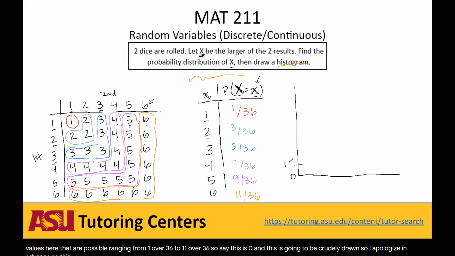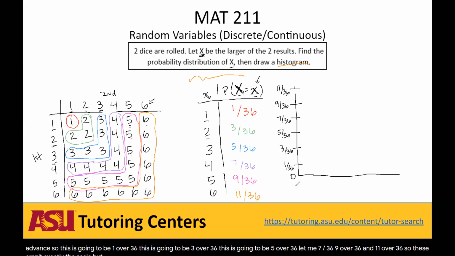This is 1 over 36, 3 over 36, 5 over 36, 7 over 36, 9 over 36, and 11 over 36. These aren't exactly to scale, but hopefully you get the idea.